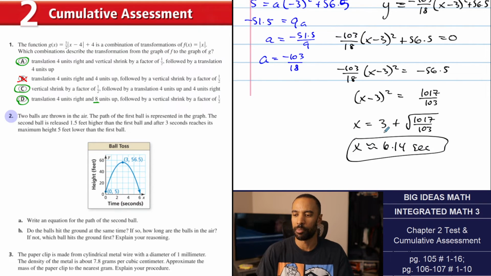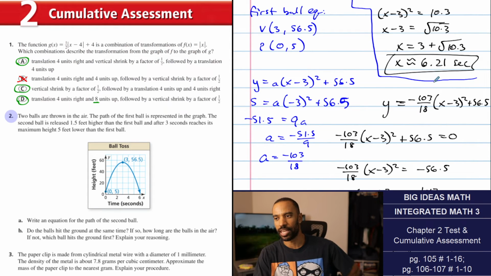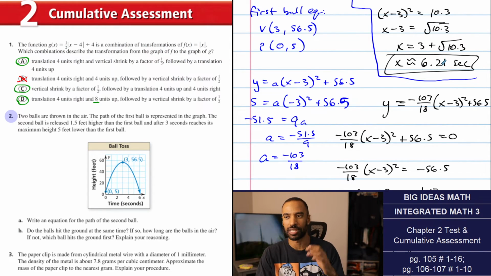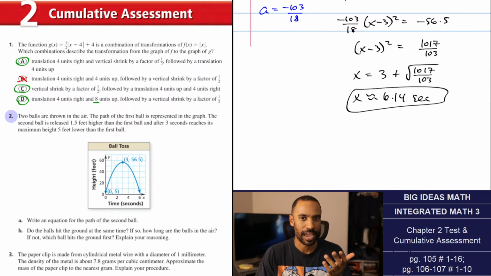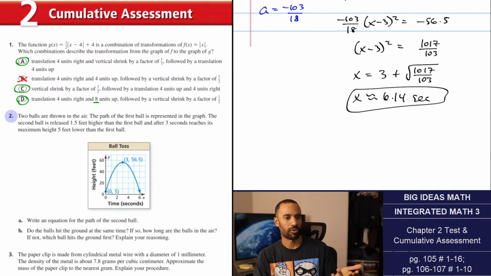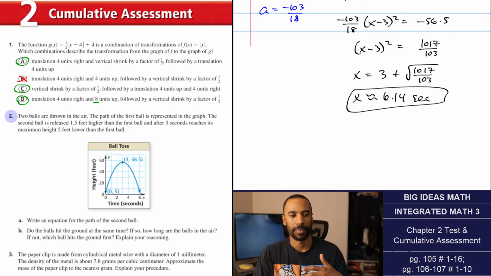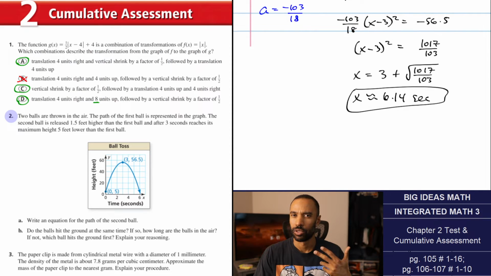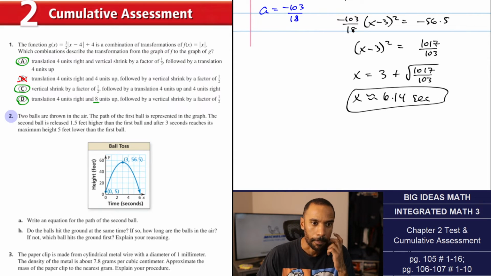So I'm going to trust the number at the very least, which means 6.14 compared to 6.21. The second ball stayed in the air a little bit longer, despite the fact it didn't go as high in the air. I don't know how that works as far as, I guess spin rate kind of keeps it up in the air longer, but the second ball is in the air longer by 0.07 seconds.